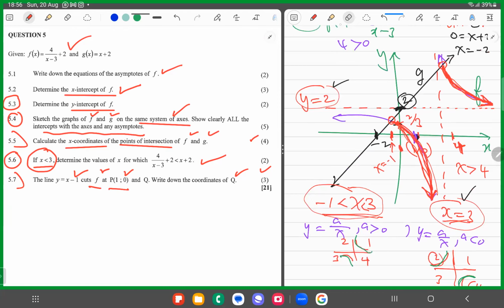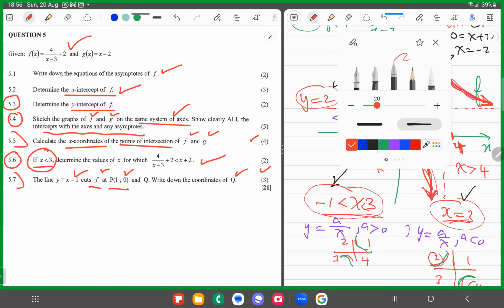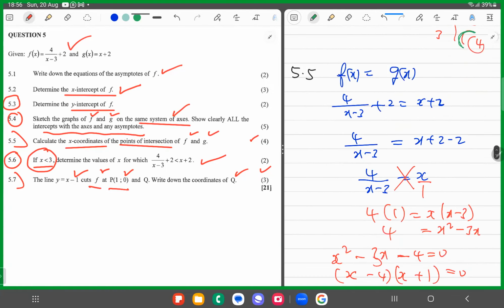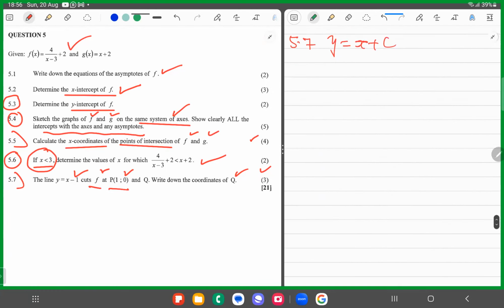We have this situation. Now let's pay particular attention to this. The asymptotes are x equals 3 and y equals 2, the horizontal asymptote. They intersect at 3, 2.